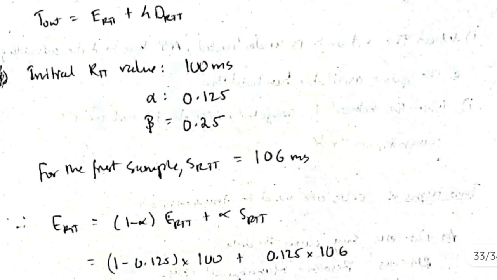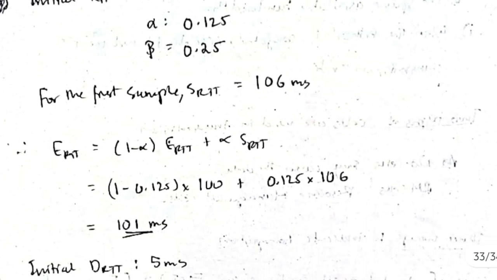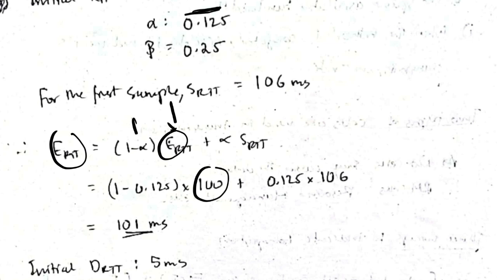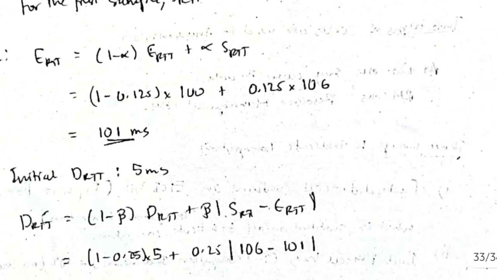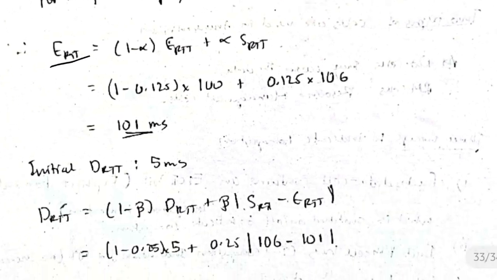The first SRTT value is 106. So you just have to substitute the ERTT value here, which is the initial ERTT value, 100. So I have substituted 100 here, and 1 minus 0.125, and alpha into the first SRTT value, 106. Calculate this answer, take the rounded answer, and that's your ERTT value.